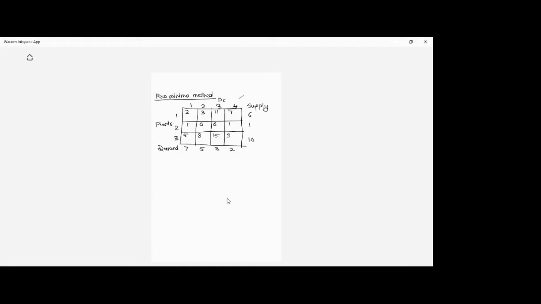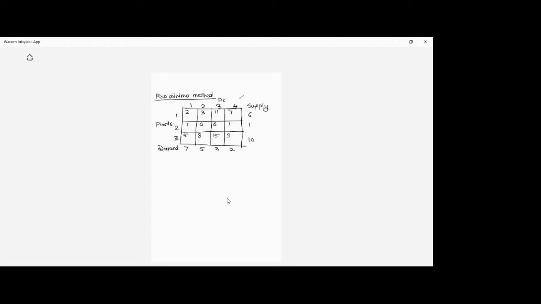In every row we are going to repeat the same procedure, but you have to remember that when you are considering any row, let's say row number 1, you have to exhaust the capacity of that particular row, and then you will be marching towards the next row. So that is to be kept into consideration.